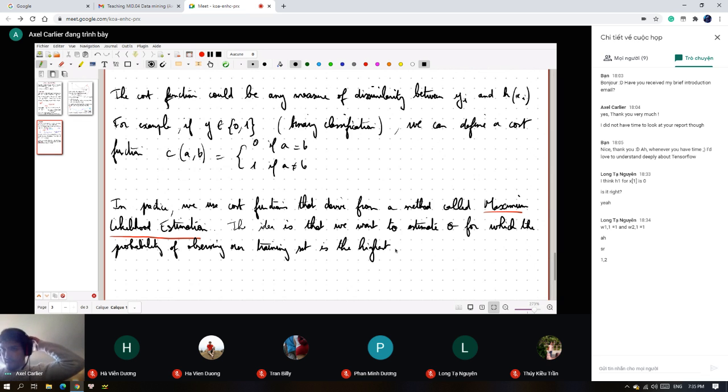Okay. So this has a mathematical formulation that I won't get into detail.